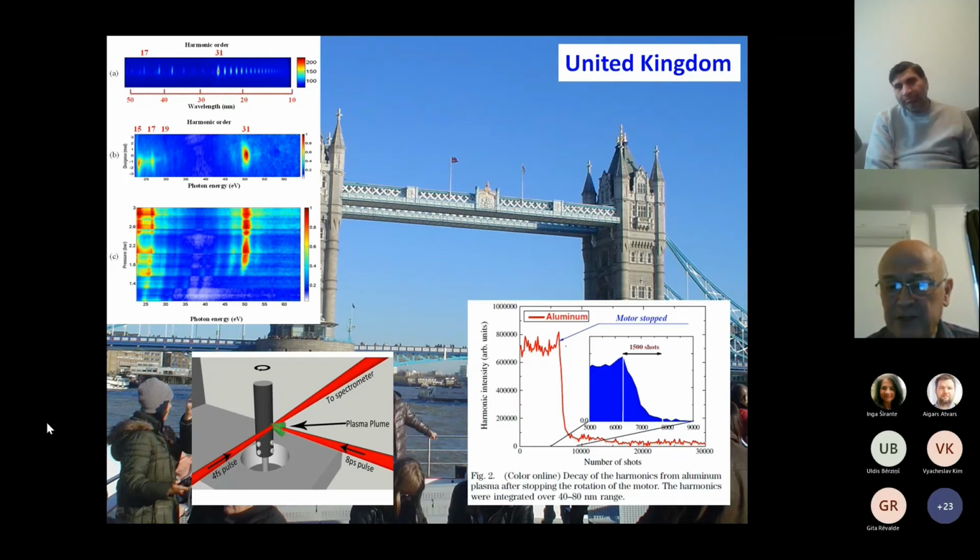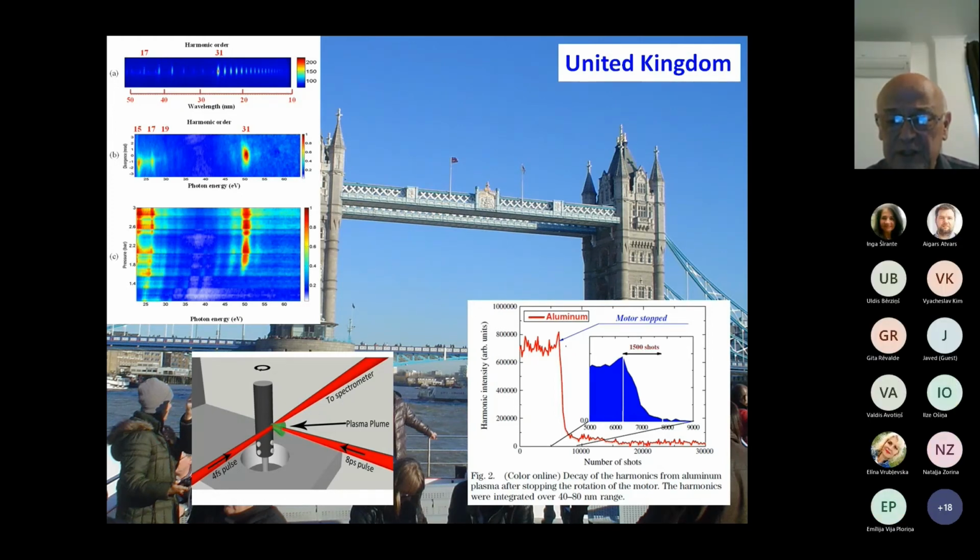With high pulse repetition rates, you can destroy the target, create craters, and change the properties of the plasma. However, if you put your target on a rotating, translating stage, then ablation by the pulses does not destroy the target, and you create a stable source of high-order harmonic generation even without changing the position of the target up and down.